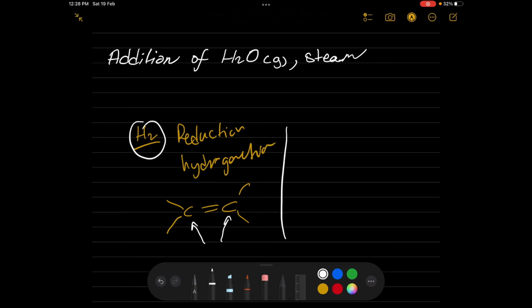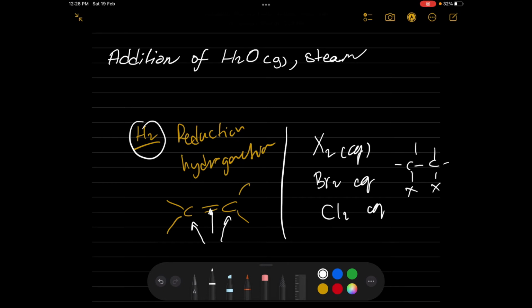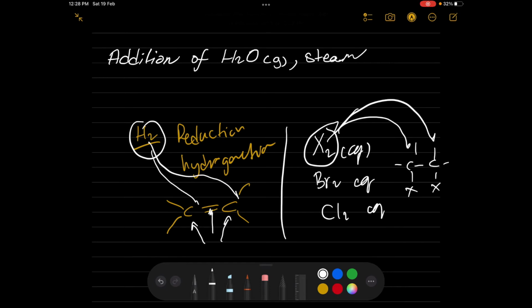The same thing is repeated when we have X2 aqueous, the halogen. We used to add Br2 aqueous or Cl2 aqueous to the double bond. We break the double bond and form two carbons with an X each, as we can see. So in this case, we had no problem when you have two identical atoms. We add one for this carbon, one for this carbon. And the same thing for hydrogen.